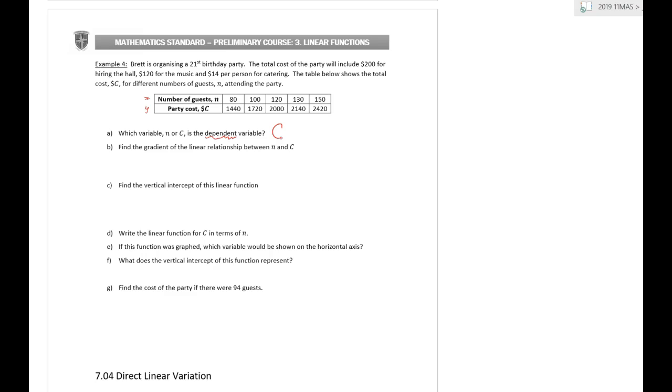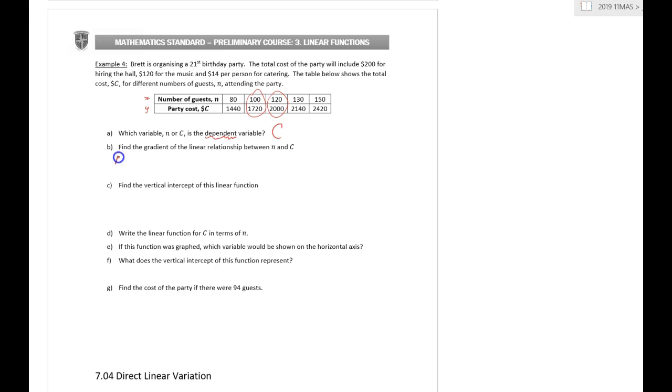Find the gradient of the linear relationship between N and C. Now, these are not increasing by 1, because then we could have just read off the difference in the bottom row. No, I'm going to have to use my gradient formula, which you might remember from last time. I'm going to use these ones here.